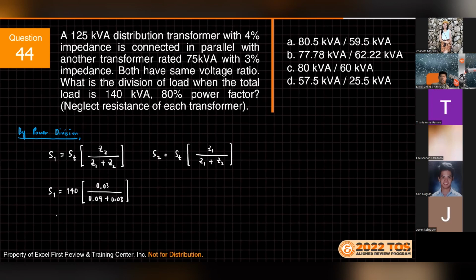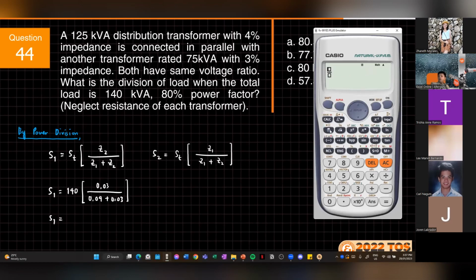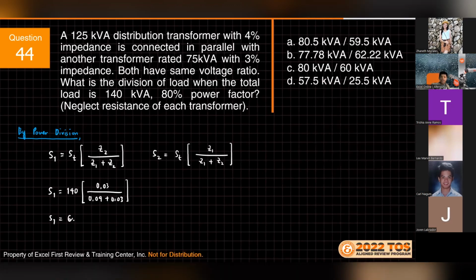So S1 is equal to 140 times 0.03 over 0.07, which is 60 kVA. Now, S2 is as simple as S total minus S1, since whatever is not distributed to S1 goes to S2. So that's 140 kVA minus 60 kVA, which is 80 kVA.